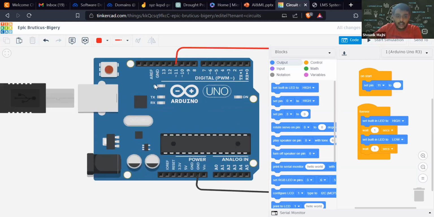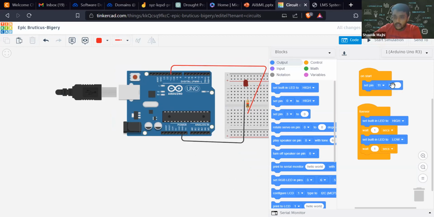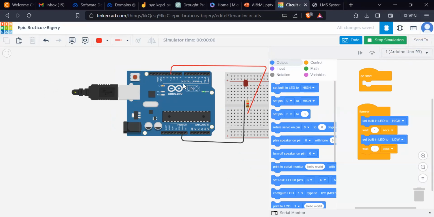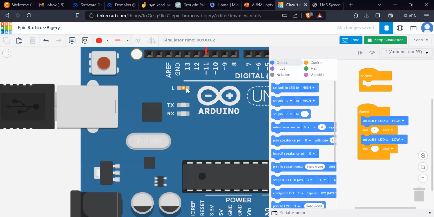Arduino has a built-in LED called L. Here we'll be working with this built-in LED. The built-in LED will be high, and after a wait of 1 second, the LED should go to low. If we start simulation, it will initialize, and if you go to this section, you will see the LED is actually blinking.